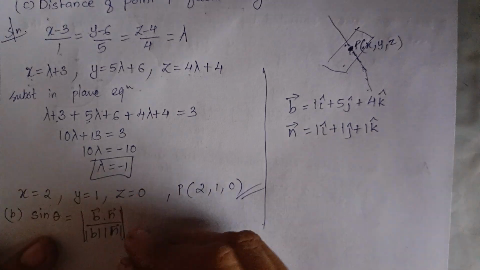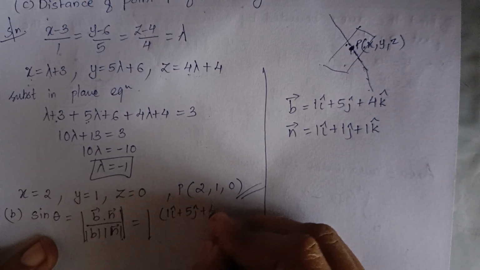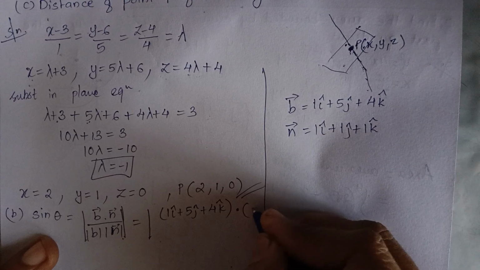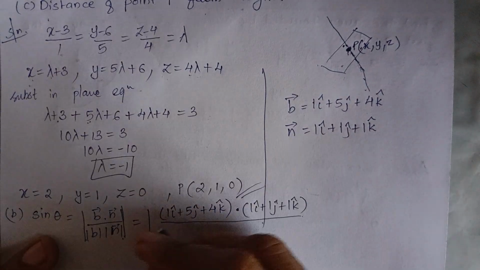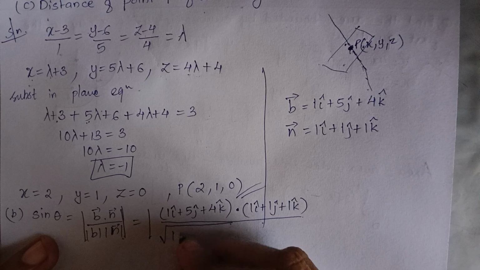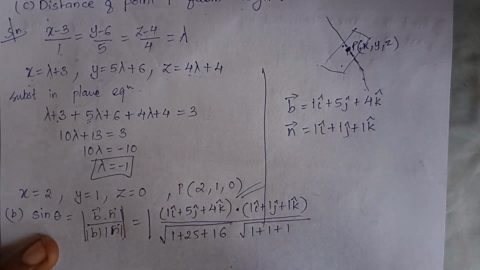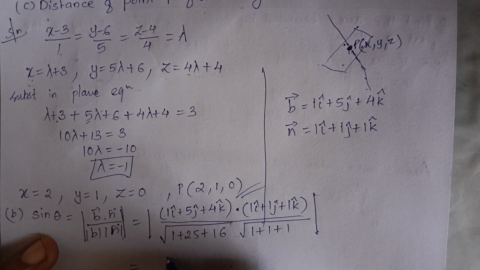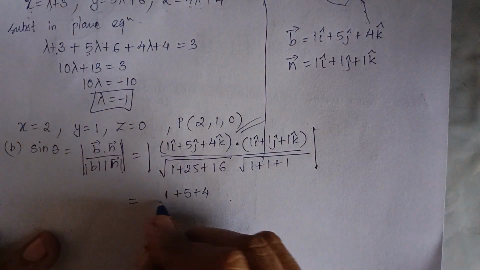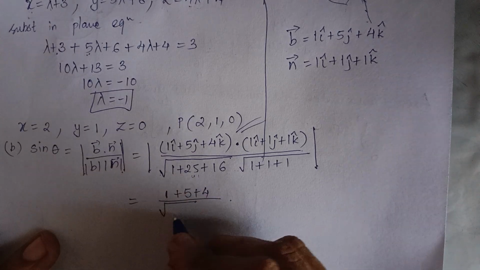Okay, let's substitute here. The magnitude of b is root of 1 plus 25 plus 16, which is root 42, and the magnitude of n is root 3. The dot product is 10.